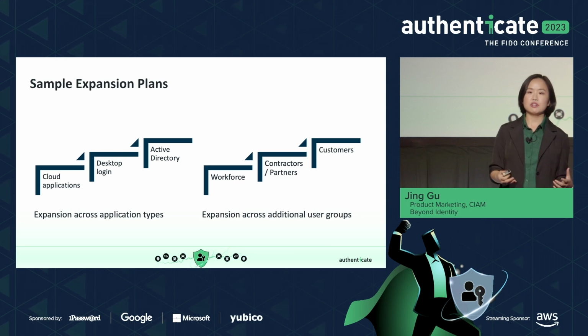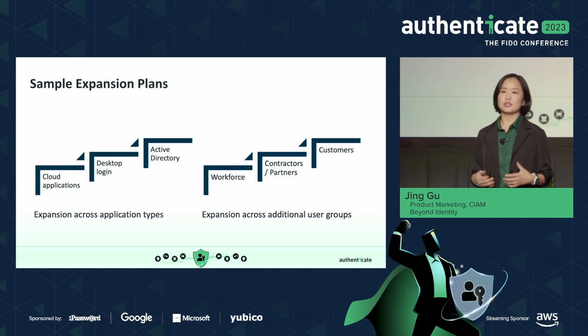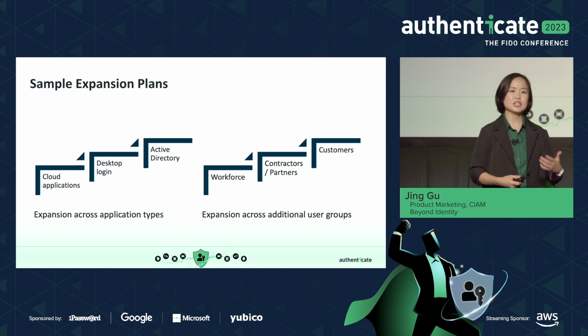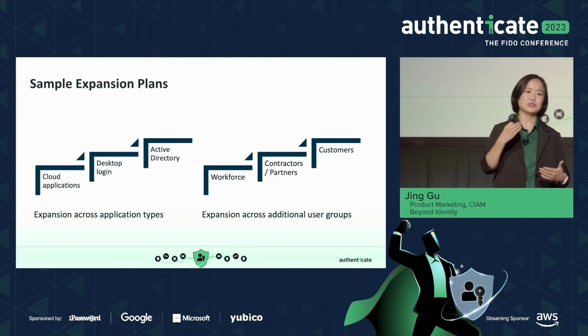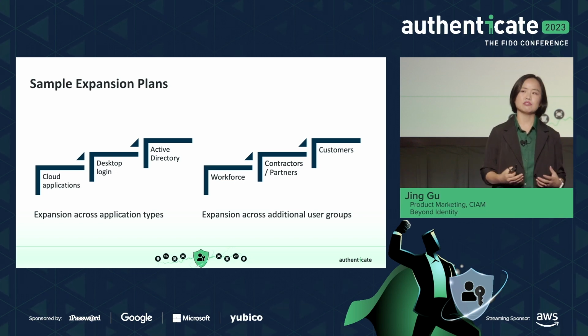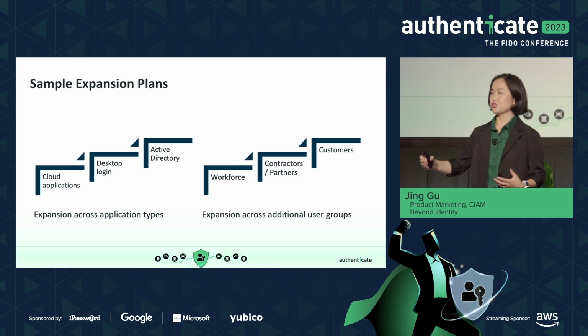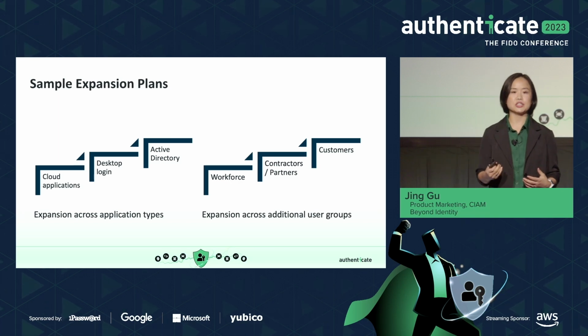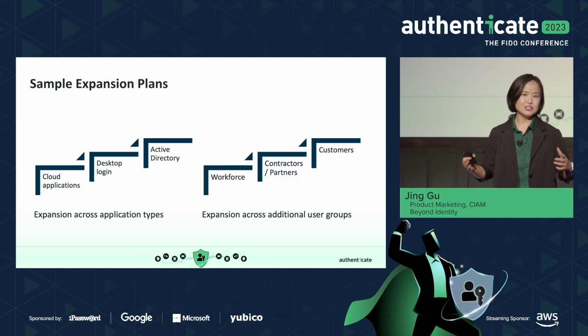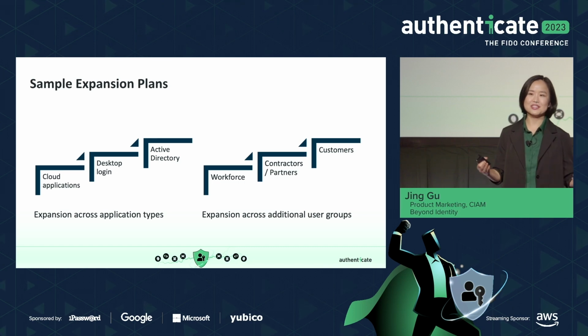Typically, a lot of our customers and a lot of deployments start with cloud applications. This is because this is the most frequent place that users authenticate. You see a lot of authentication events there. And attackers are also concentrated on cloud applications. It's also an easy win because you can configure passkeys, typically with your SSO provider or with a vendor.